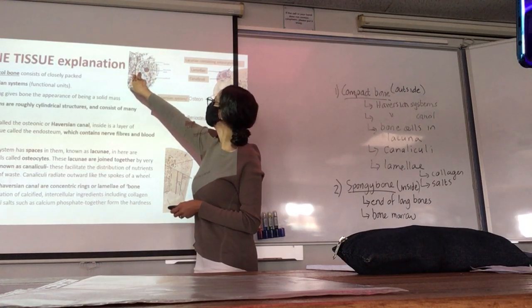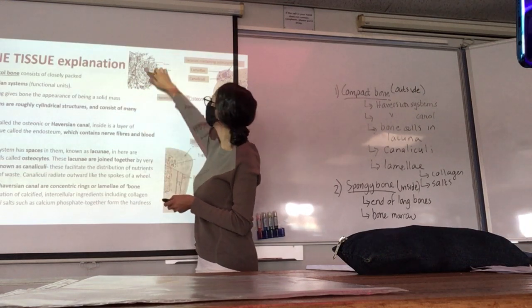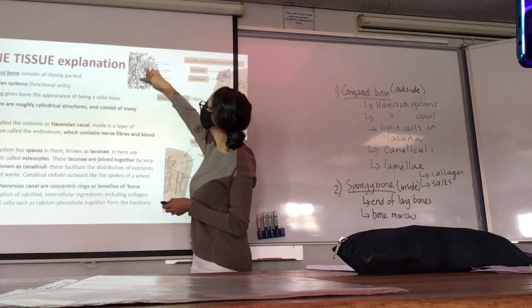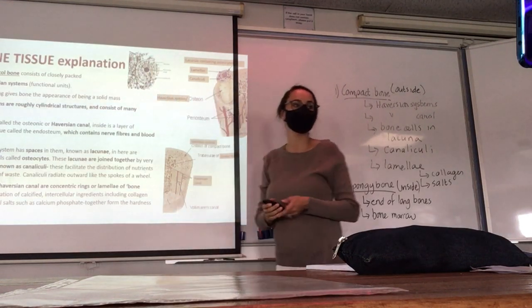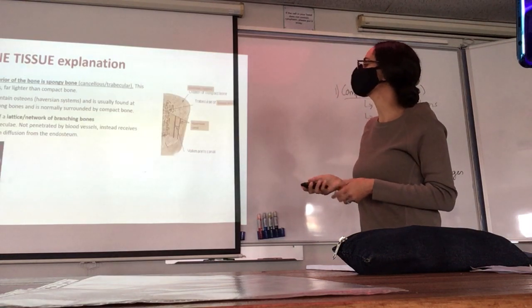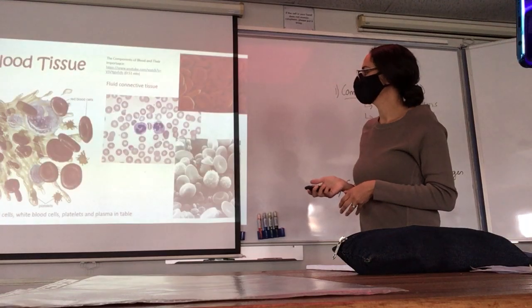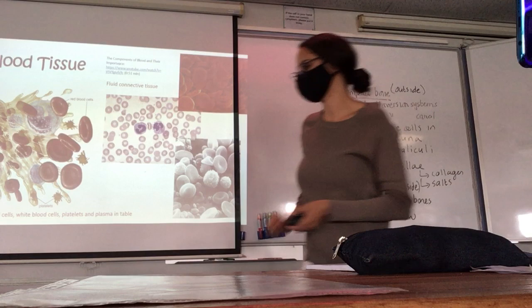You've got your little lacunae over here. And then you've got the canaliculi going across, linking them together. And then the concentric circles are your lamellae. It's just going to take a little bit of getting used to the actual terminology. I think you're pretty good. Comfortable?